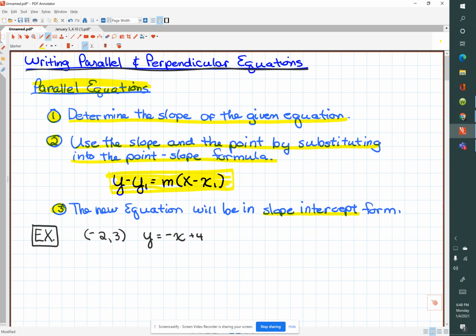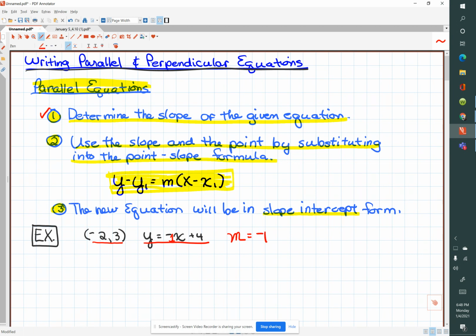So what does all that mean? Let's do an example. So we have negative 2, 3 is our point. Our equation is y equals negative x plus 4. So first we have to determine what is the slope. Okay, step 1, determine the slope of the given equation. Well, we've got an invisible 1 here. So our slope, or our m, equals negative 1.